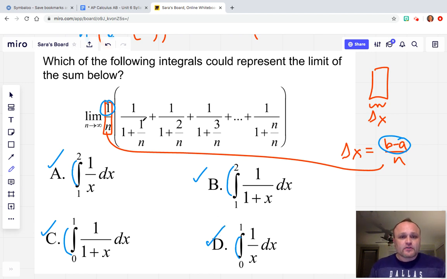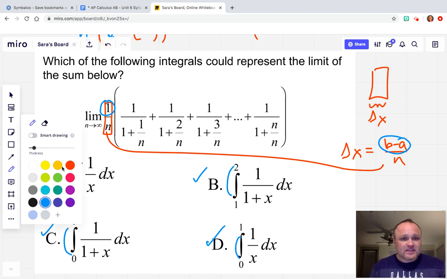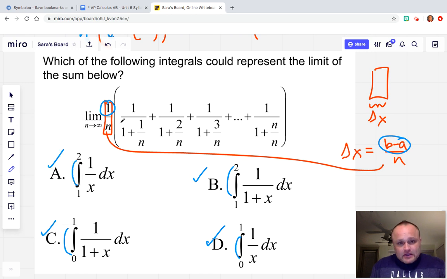But the difference here is you're going to see a pattern. It's like 1 over something. So all of this can be seen as this is all over x. This is all over x. This is all over x. And this is all over x.